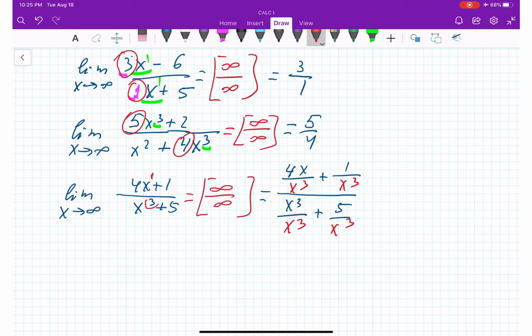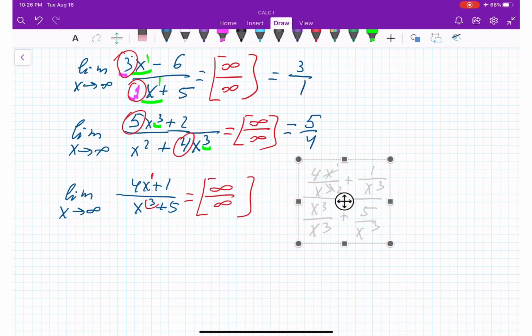So what do we get here? This x is gone. This was 1. This 3 will become 2, because 3 minus 1 is 2. 1 over x cubed I'm not touching. Oops, I forgot to keep the limit as x is running to infinity, because I haven't plugged it in there yet.